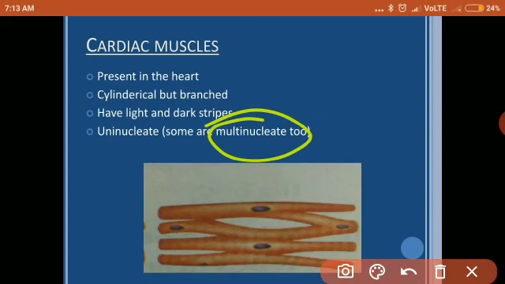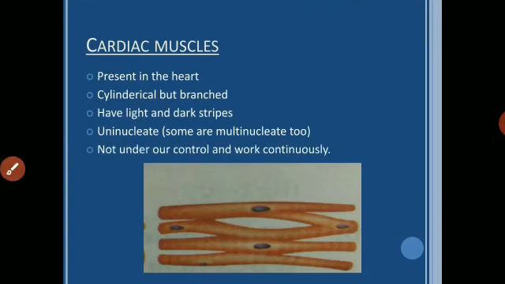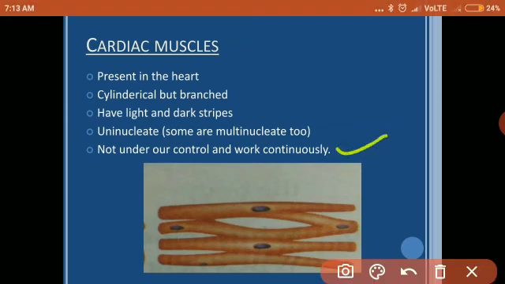In cardiac muscles, most of the muscle fibers are uninucleate, and only some are multinucleate, and a single muscle fiber when it is multinucleate will not have more than 4 nuclei. So remember this. Then they are not under our control. So this is a property like smooth muscles, isn't it?